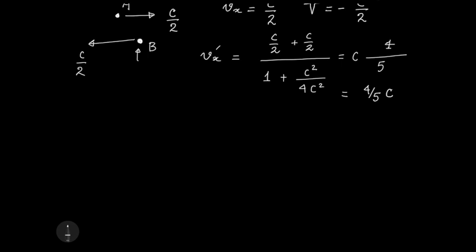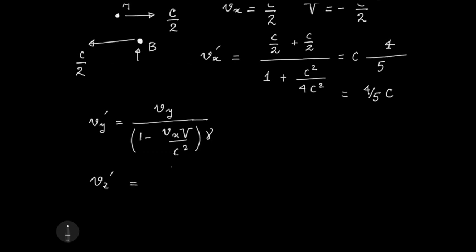It is very straightforward to calculate, exactly the same way that we have done it right now. So Vy prime will be related to Vy in the following way. 1 minus Vx V by c square. It's the same factor which was in the denominator of the previous one, but now there will be a gamma also, and Vz prime also, as you can imagine.